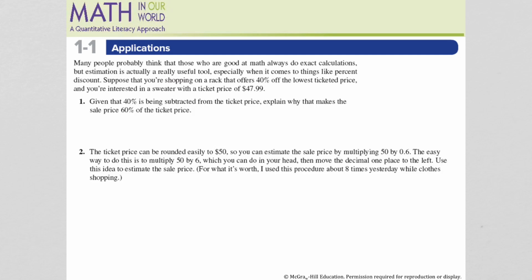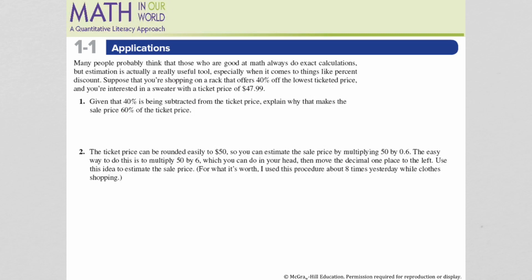Okay, a few more here. Many people probably think that those who are good at math always do exact calculations. But estimation is actually a really useful tool, especially when it comes to things like percent discount.